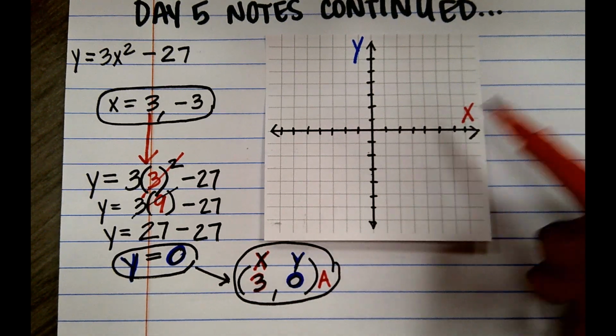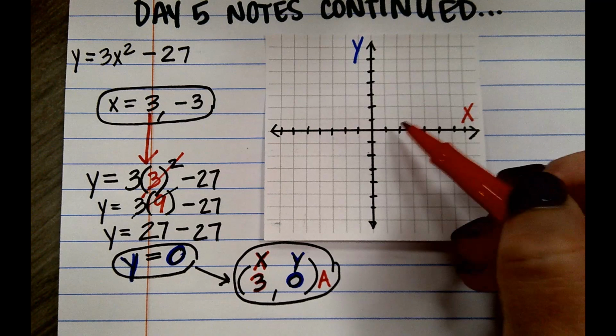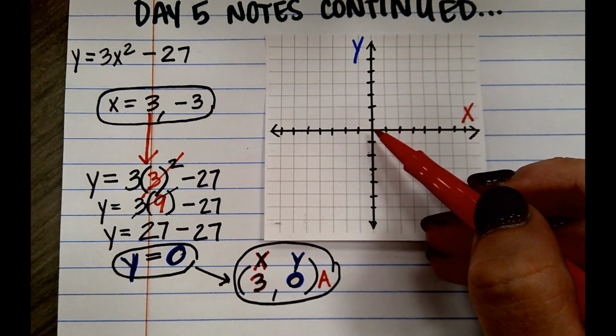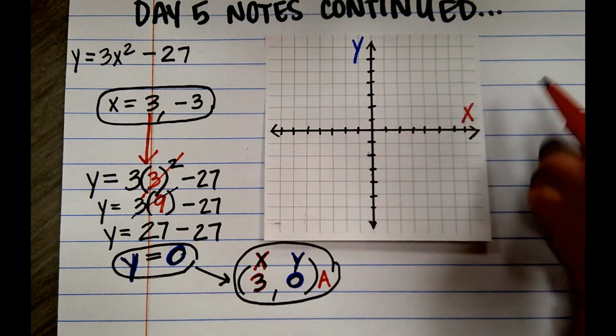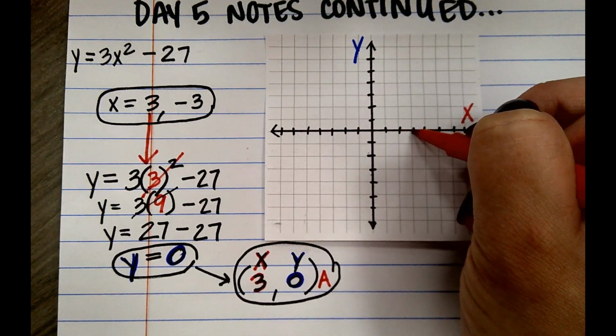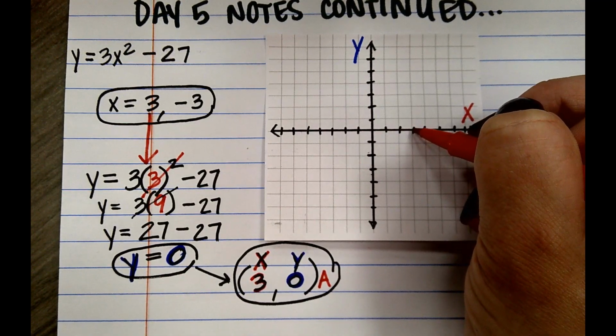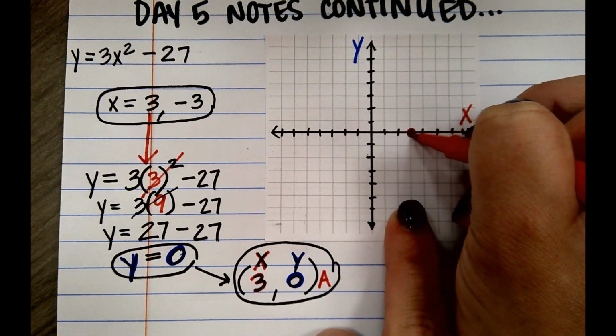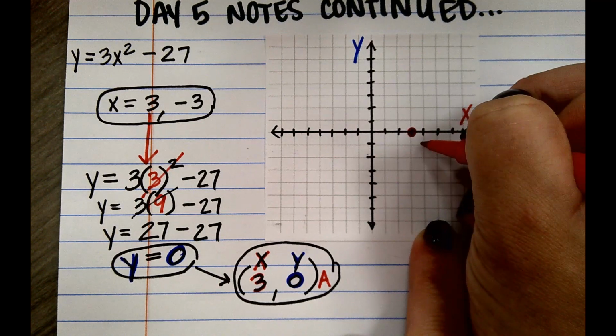Been a long time. My x value is 3, so where do I go first? Count over 3. I'm going to go to the right towards positives. 1, 2, 3. And if my y is 0, do I need to move up or down or anything? No. Same line. It's going to stay right here. So this is point A.